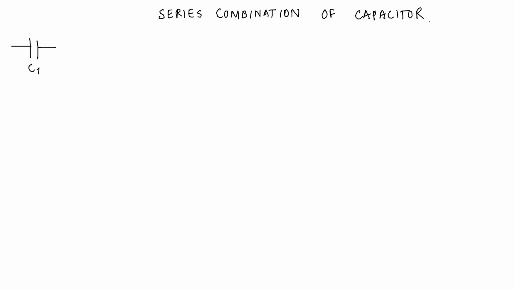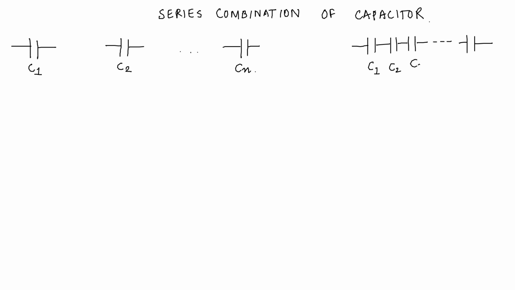This capacitor has a capacitance value C1, and then we have another capacitor that has C2. Similarly, we have n number of capacitors with us, and this is Cn. Now when we say these are serially connected, that implies that these are connected like this. So this is series connection, C1, C2, C3 up to Cn. Now we will make a circuit diagram.